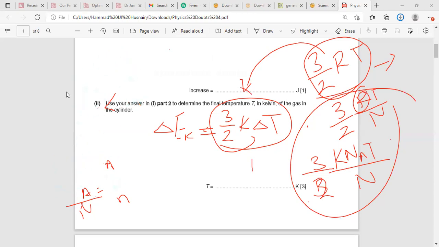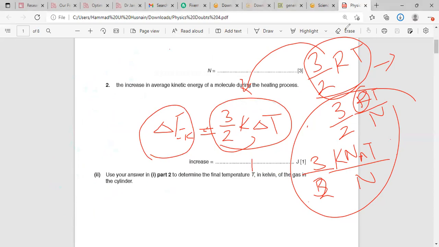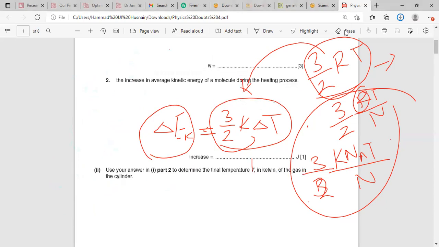Won't it be 3/2 KT by N? Because we are just telling you that this is for 1 mole of the gas. This energy, the kinetic energy for 1 mole of the gas, we found in part 2, right? So that's why we have directly written it. We will just plug in the value for the 1 mole. If we divide it by NA, again, what will this mean?